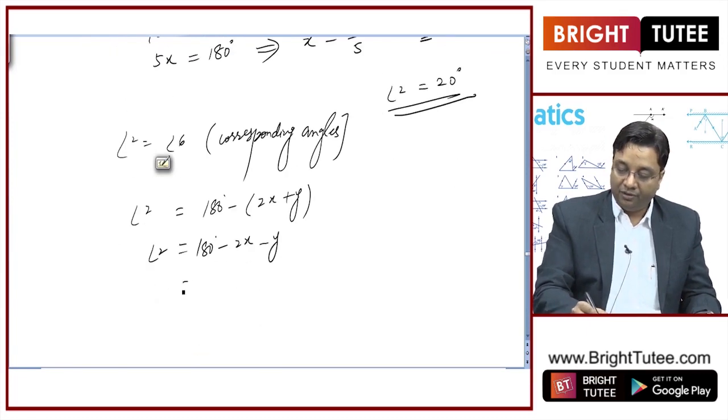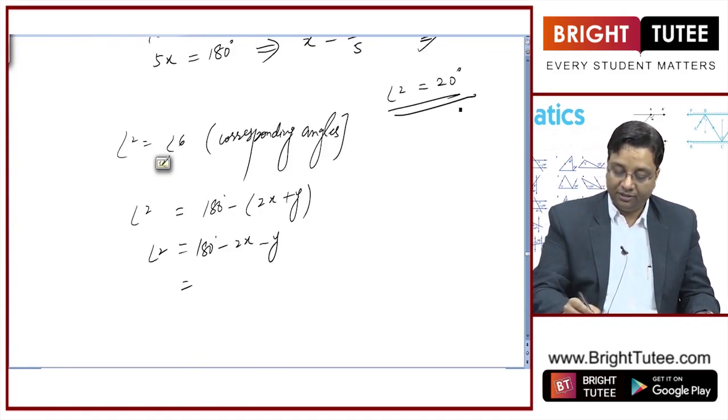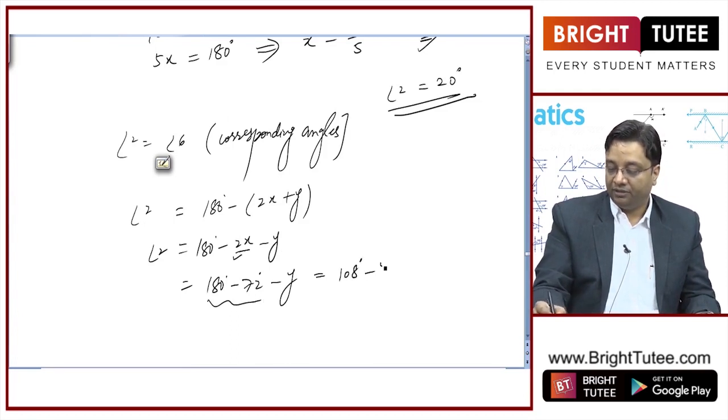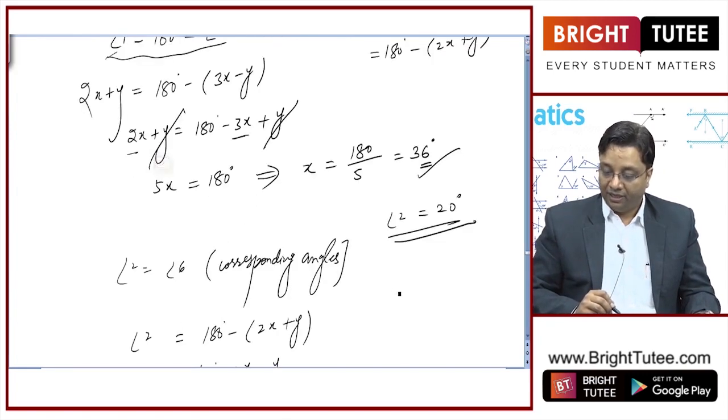I have got value of x, it is 36, so I will put it here. 180 minus 72 minus y, so it is 108 minus y. So this is value of angle 2 in terms of y.